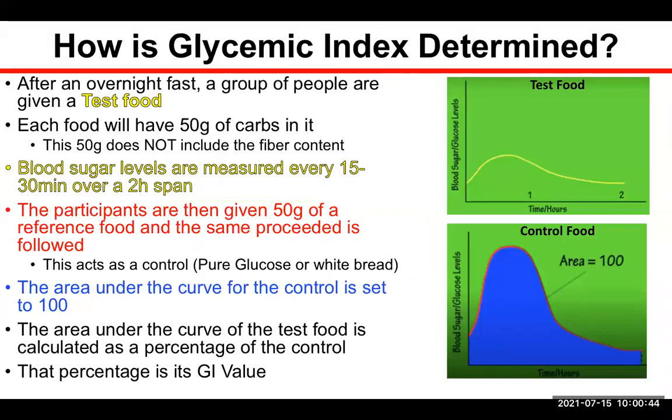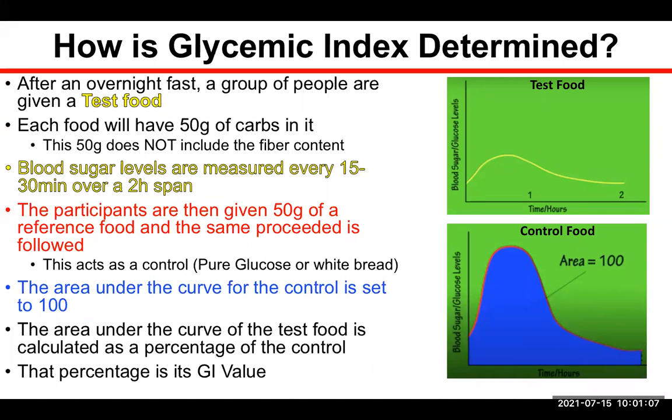The way that whoever invented the glycemic index basically did this is they had people fast overnight, typically about 12 hours, just so they can keep their blood sugar level at a relatively constant range. And then they gave them a test food.